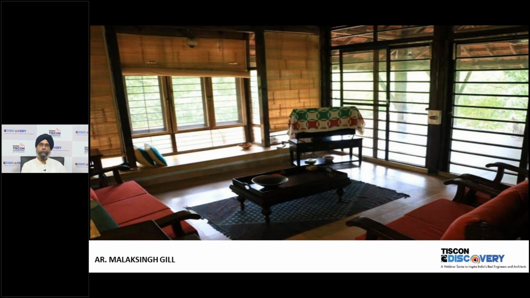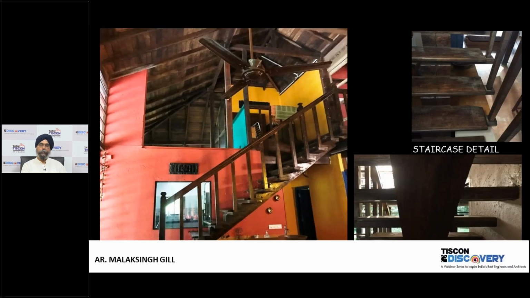This is the living area, and you see a staircase which we did in timber. It's a single stringer, central stringer staircase. Very interestingly, this staircase was made with leftover wood, since it was the last part we were going to build in the house. It was made from the wood leftover from the roof work.